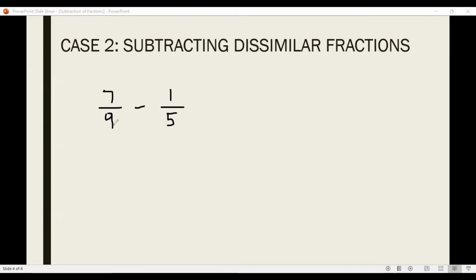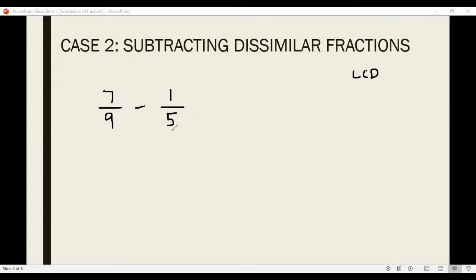Okay. So as you notice, the first one is 7 out of 9, so the whole was divided into 9 equal parts, while the other one is 5. So the division is not the same, or the sizes. Now, if you have this, again, the method is to find the LCD. So it's similar to the method that we have in addition.